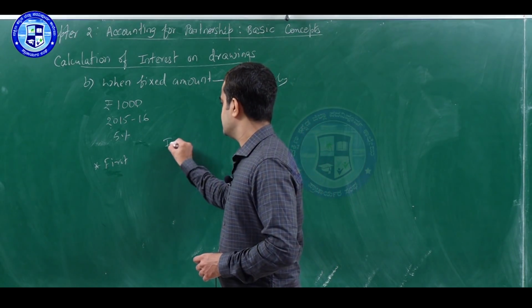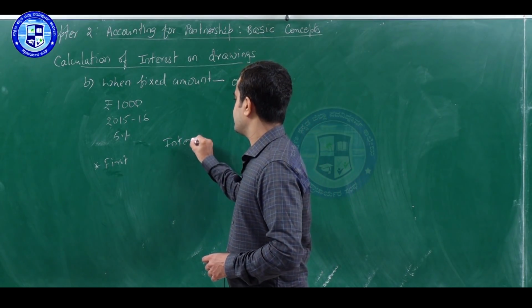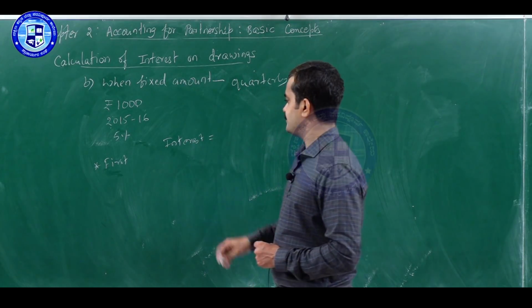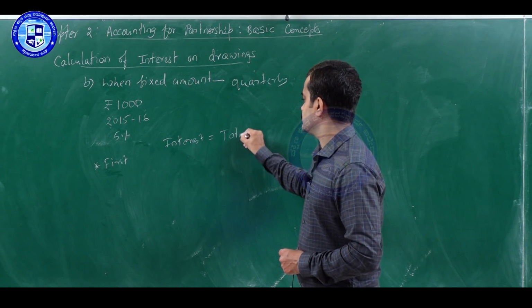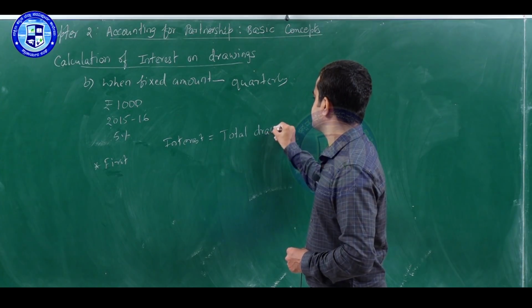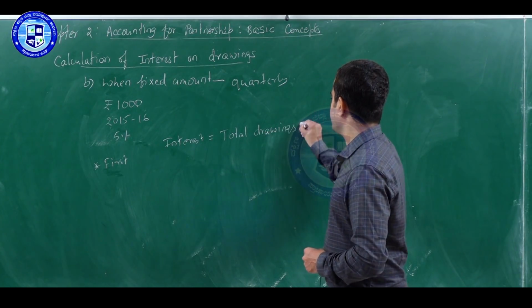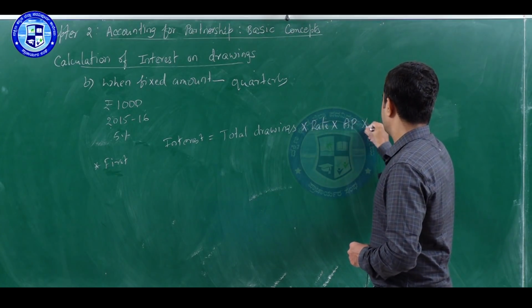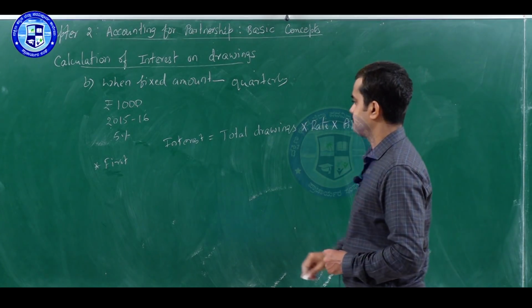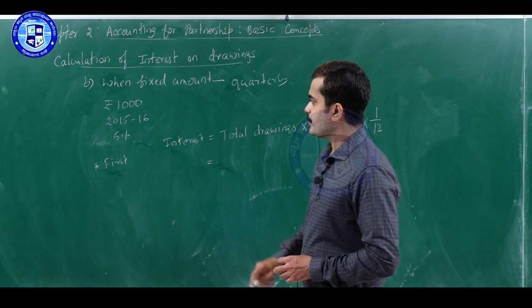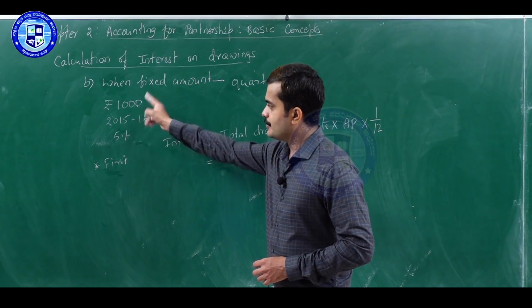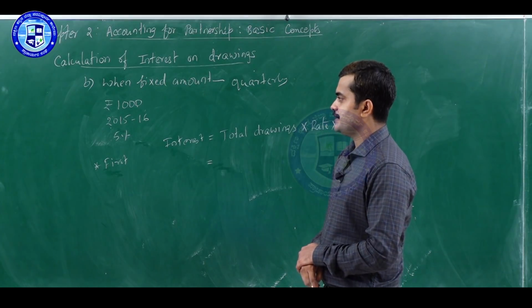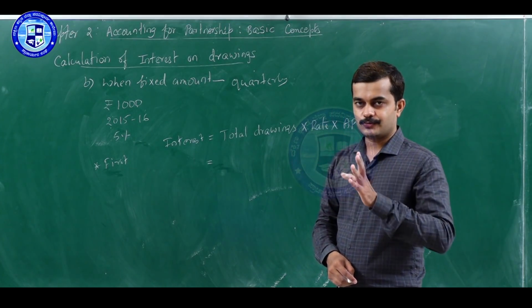Suppose he has withdrawn on the first day of every quarter, what will be the interest on drawings? The formula: interest on drawings is equal to total drawings into rate into average period into 1/12. Every quarter he is going to withdraw rupees 1000. In that accounting period there are 4 quarters.